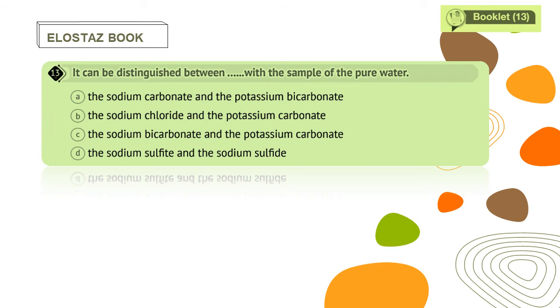We have C, sodium bicarbonate and calcium carbonate. Okay, here we have sodium bicarbonate, sodium coming from a strong base, but bicarbonate coming from a weak acid, so it will be soluble in water.